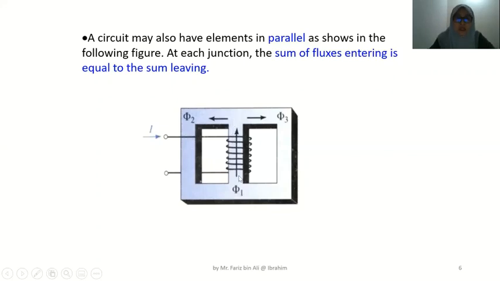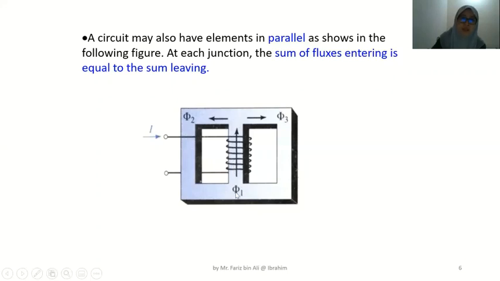So at this junction, flux 1 is the same as what you have learned in circuit theory. As compared to circuit theory, this can be considered as I1, so I1 is equivalent to I2 plus I3, same with the flux.